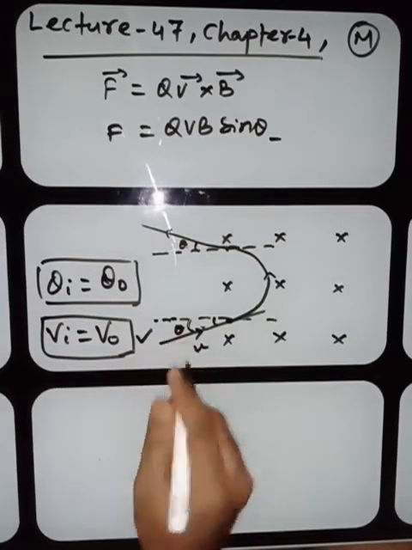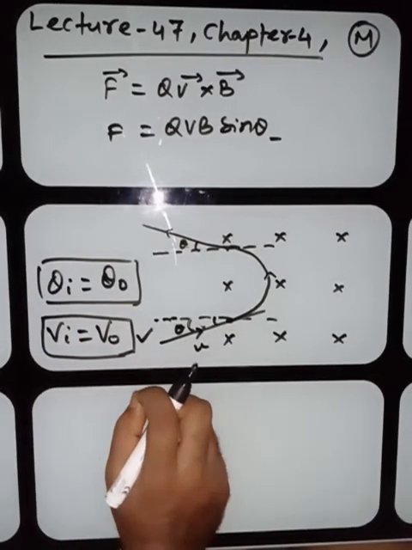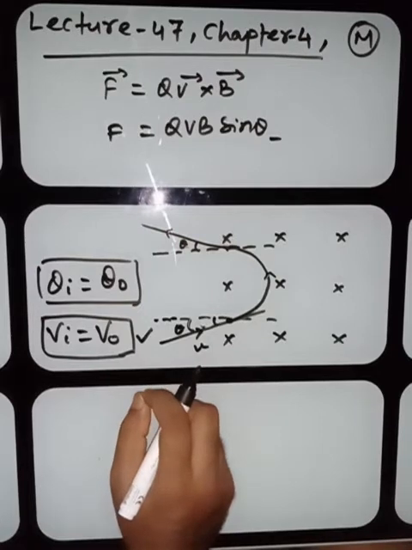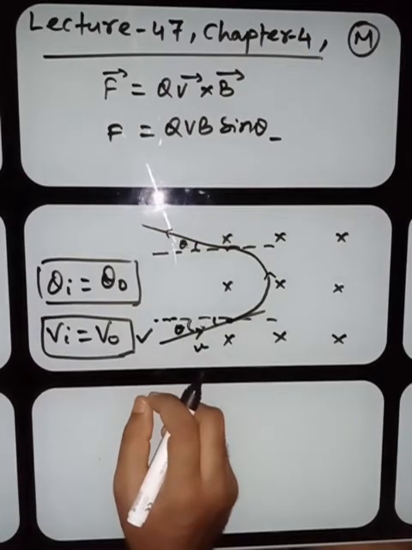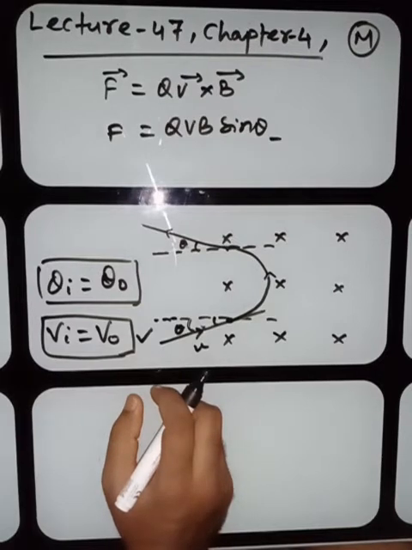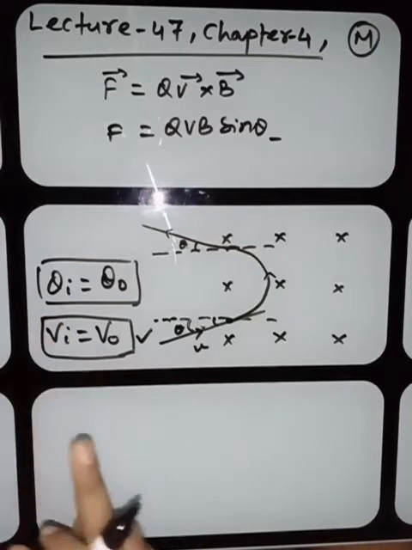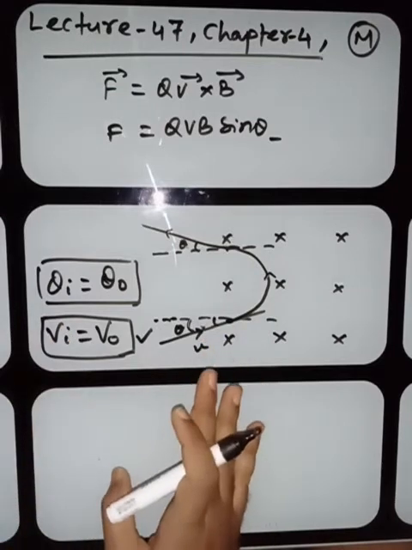This particular point is sometimes asked in examinations for 3 marks: prove that a charged particle entering a magnetic field leaves the field with the same speed. So these are the 2 important points. I hope you have written them in your notes.